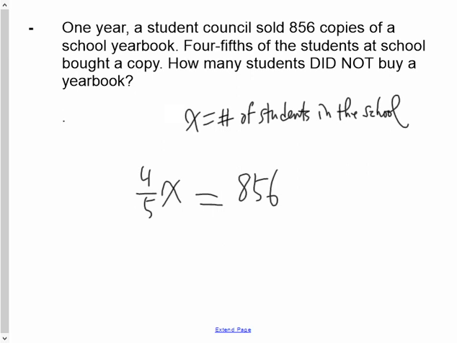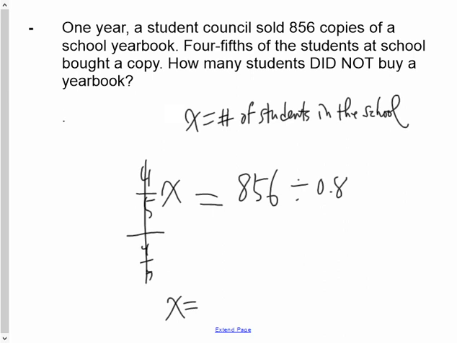So I'm going to divide this side by 4/5 to get rid of the coefficient, and I'm going to divide this side by 4/5. Now, at this stage of the game, you can either keep it as fractions or realize that it's much easier to change 4/5 to its decimal form, which is decimal 8. So instead of doing the regular way, I'll just change 4/5 to decimal 8.